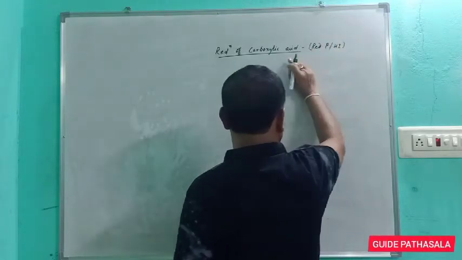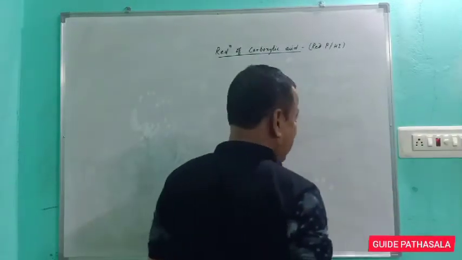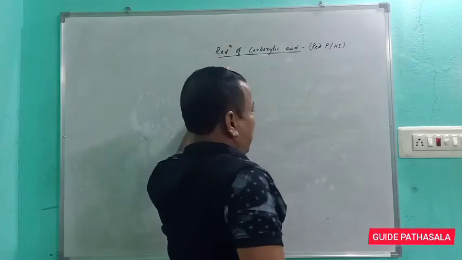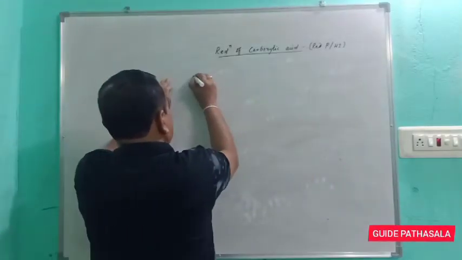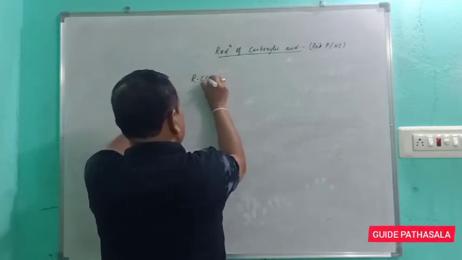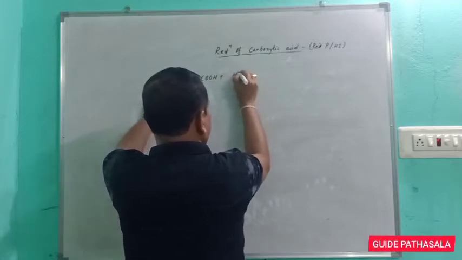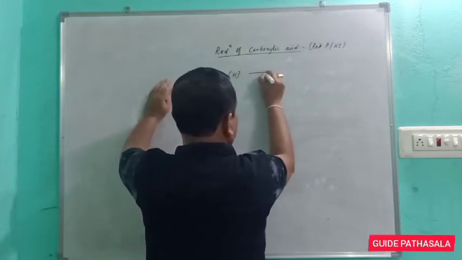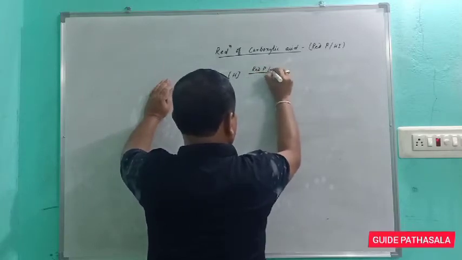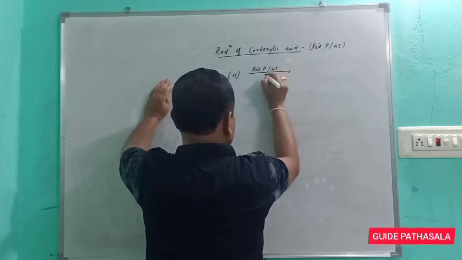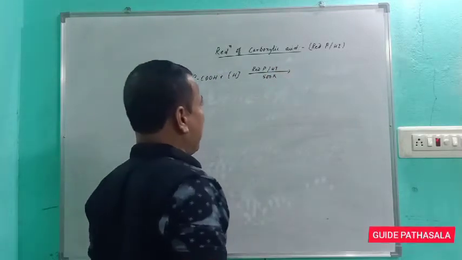When a carboxylic acid, RCOOH, is reduced, reduction meaning addition of hydrogen, in presence of red phosphorus and HI at 500 Kelvin, then an alkane is formed.